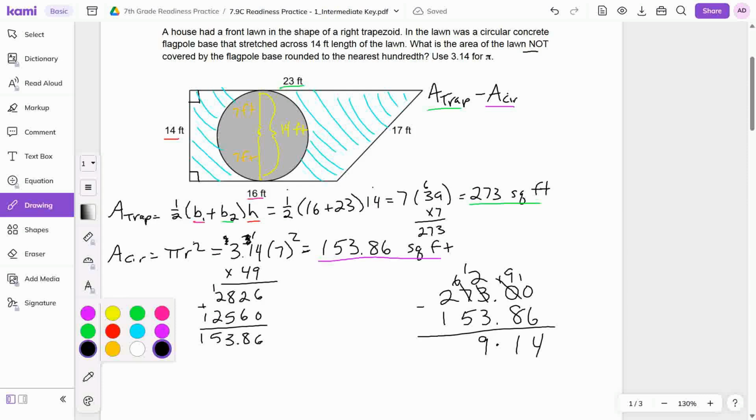That's going to be 9, 1, and 1. All right, so it's going to equal, final answer, approximately 119.14 or 14 hundredths square feet. And let's get a big box around this as our final answer.